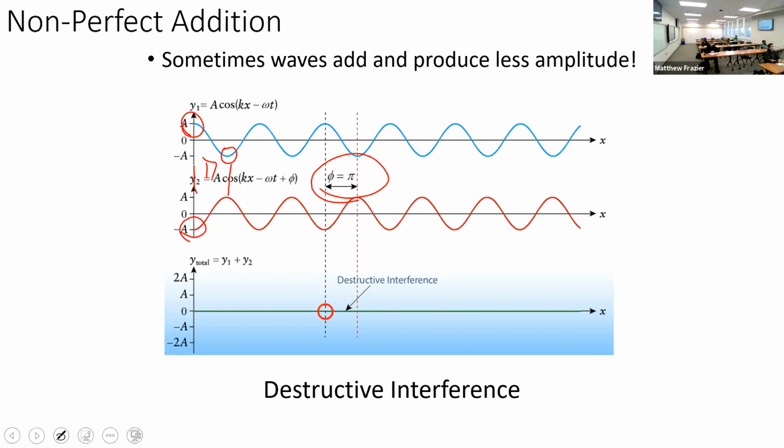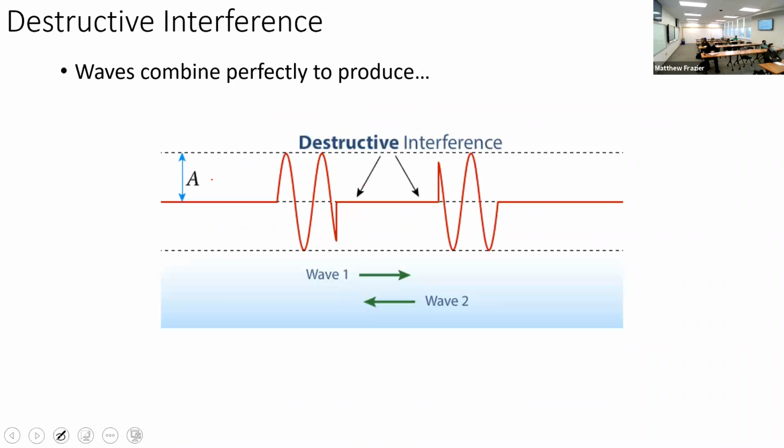Primarily I'm going through this carefully so that the underlying math makes sense, so that when we talk about other problems, we can deal with it. So waves combined, when they overlap, you have destructive interference.